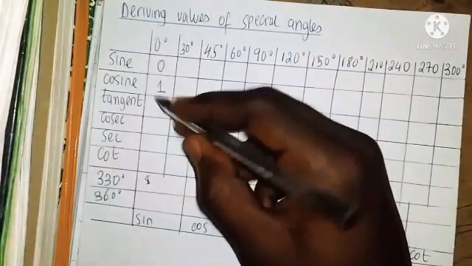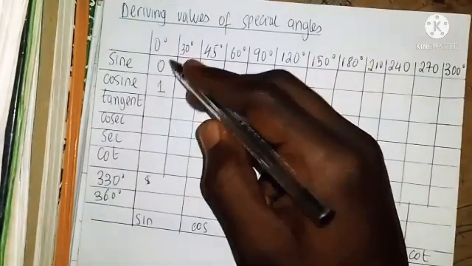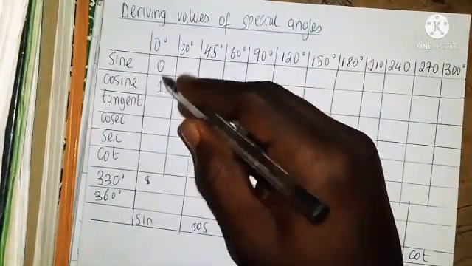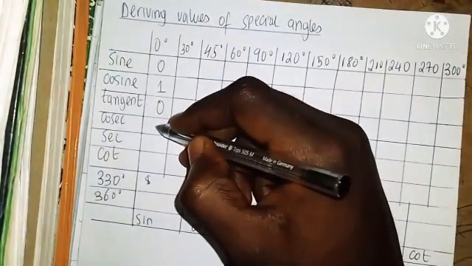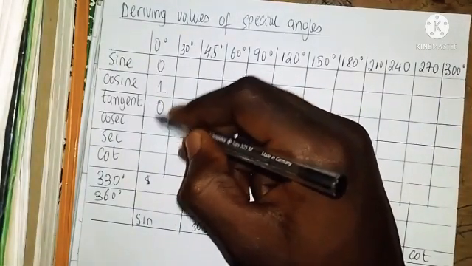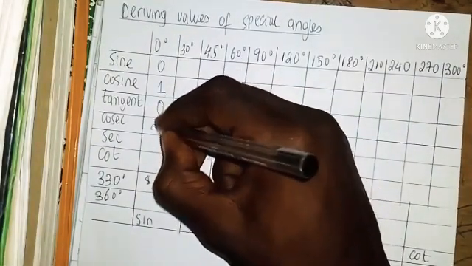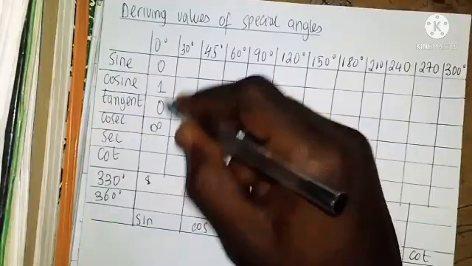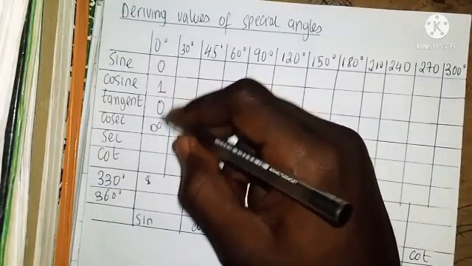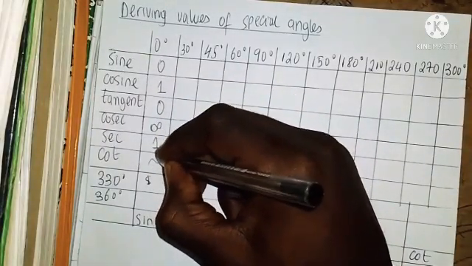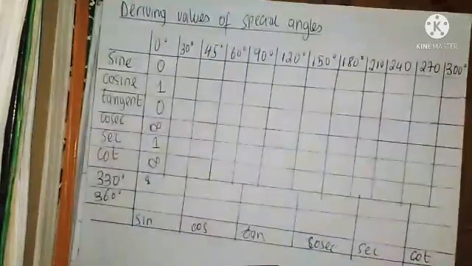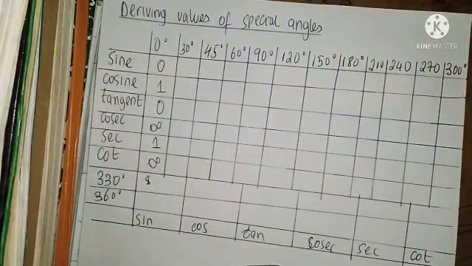And remember, tan is sine divided by cos, so we're going to have a 0 here. Cosecant is 1 divided by sine, so we're going to have infinity here. Secant is 1 over cosine, so we have a 1. And here we have infinity, since it's 1 divided by the value of tangent.